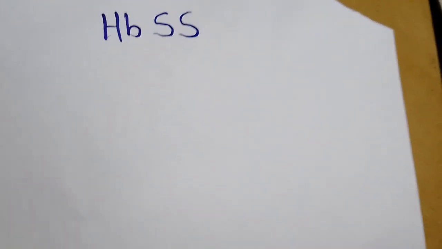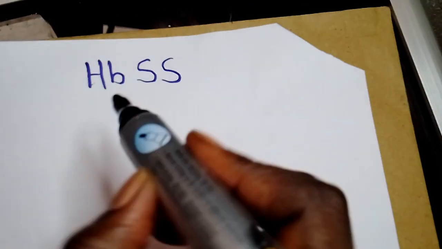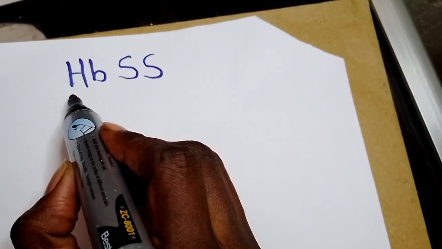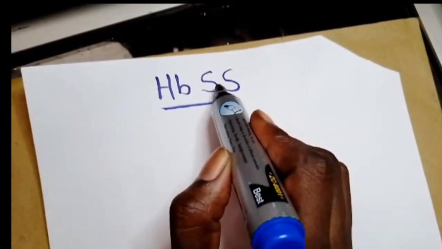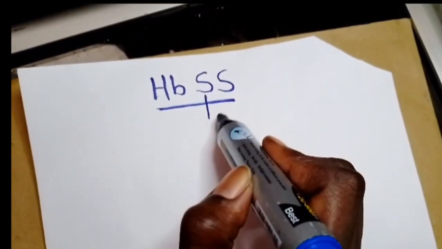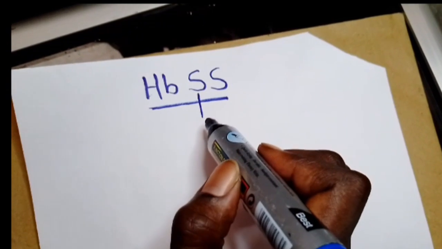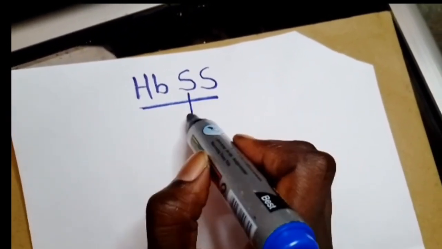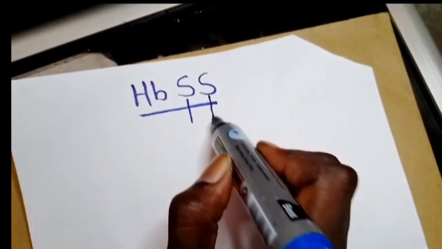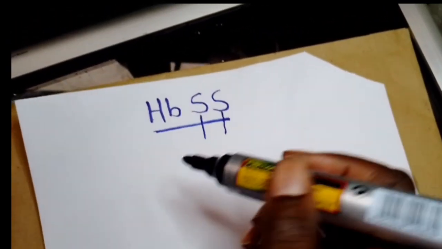Okay, enjoy. So in this we are going to see how a person becomes a sickler. Remember, this represents one parental origin, and by that I mean it came from one parent and this came from another parent.